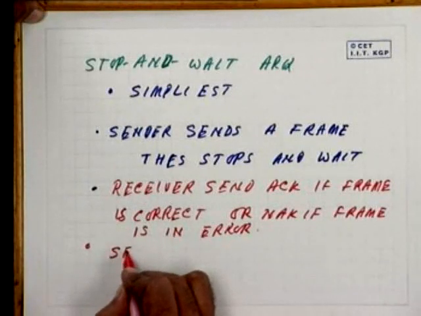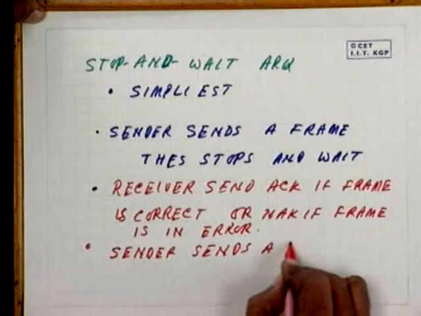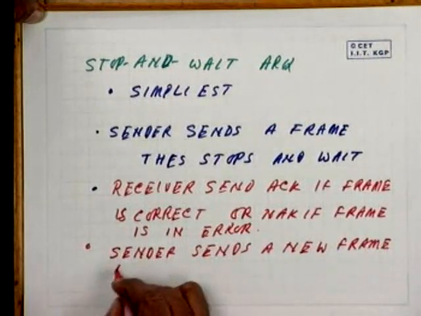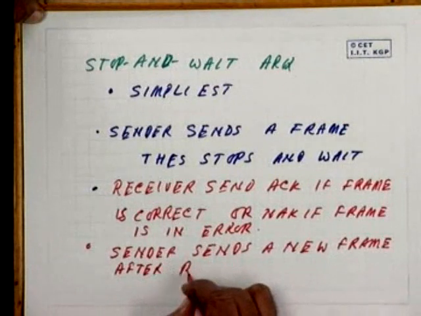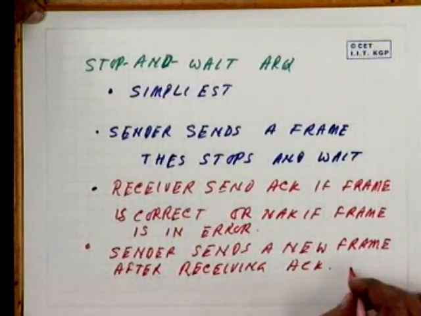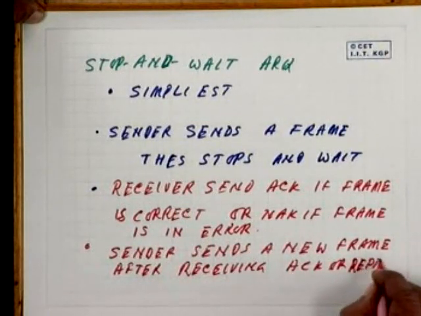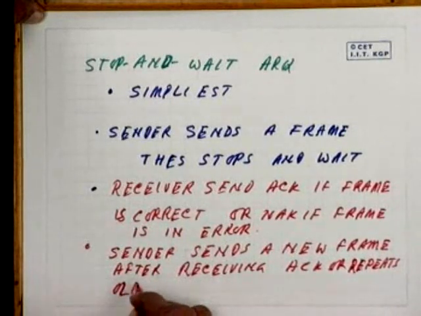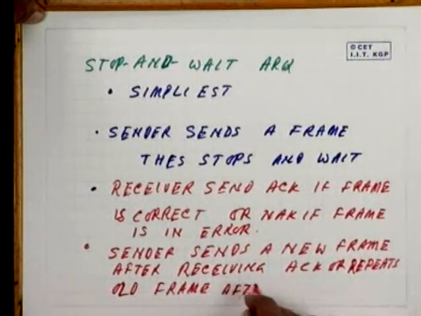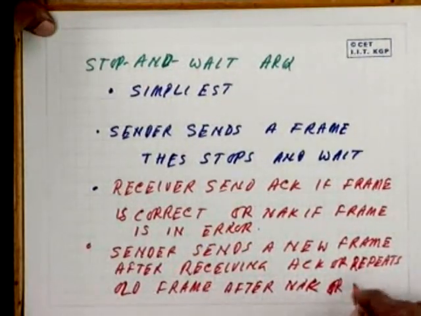So the sender sends a new frame after receiving ACK, or repeats the old frame after receiving NAK, negative acknowledgement, or timeout.